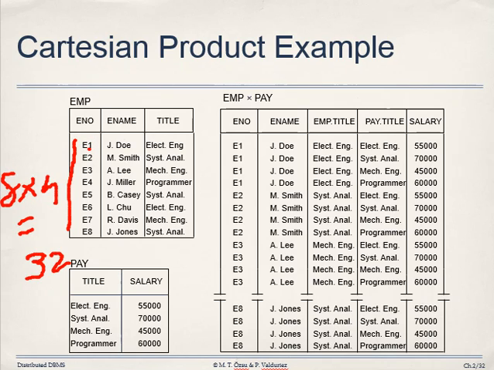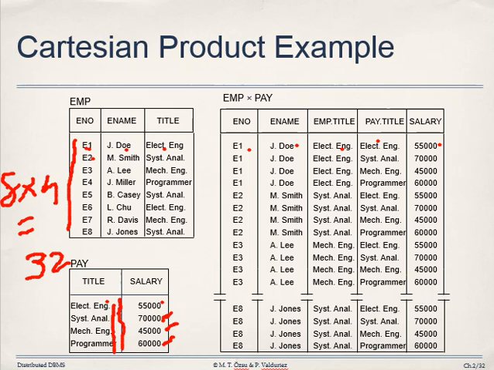Okay, now check closely. Here the E1 record will be multiplied with these 4 records, and E2 record is again multiplied with these 4 records. Let's start with E1, J Deo, electrical engineer, combined with electrical engineer from the pay table and 40,500, and the same for 70,000, 45,000 and 60,000.